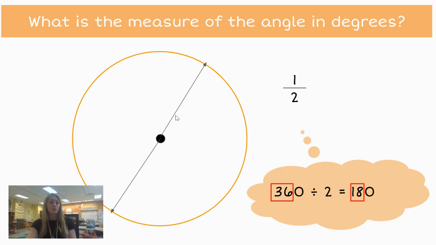We could also know that because if we know that a straight angle measures 180, we know that this is 180 and the other side is also 180. Multiply 1/2 by 180. And what this tells you is this angle here is 180 degrees of the 360 degree circle. So it's 180 degrees.